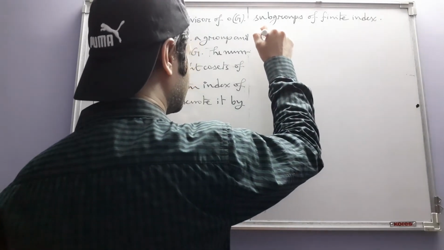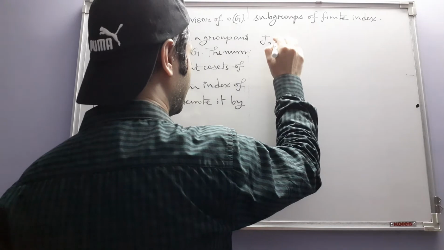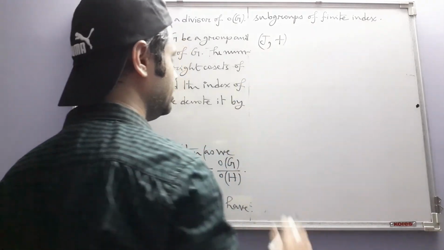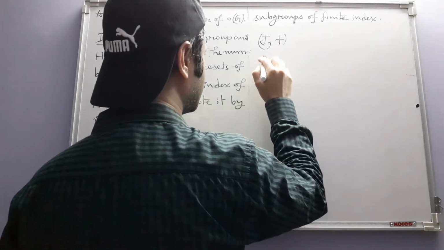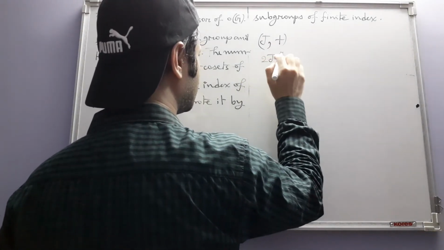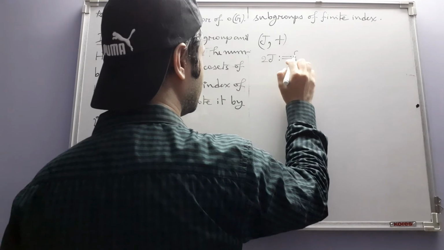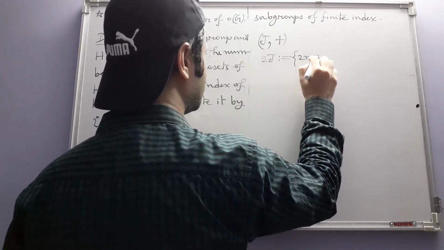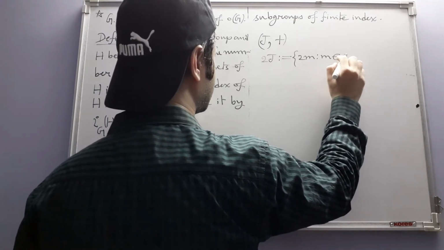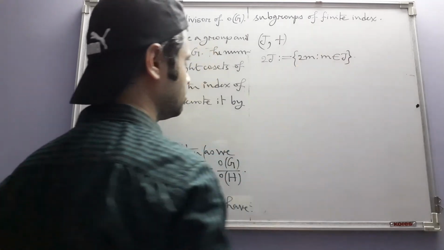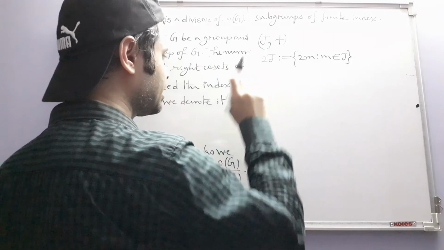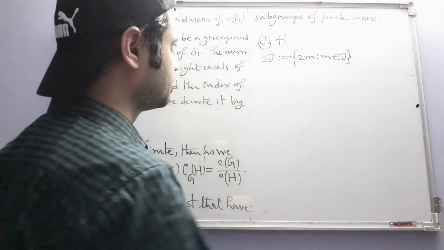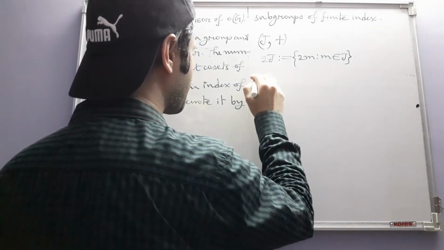You consider the additive group of all integers. In it, you consider the subgroup of all even integers. Okay, this is a subgroup. Now, what are the possible cosets? Let us see.